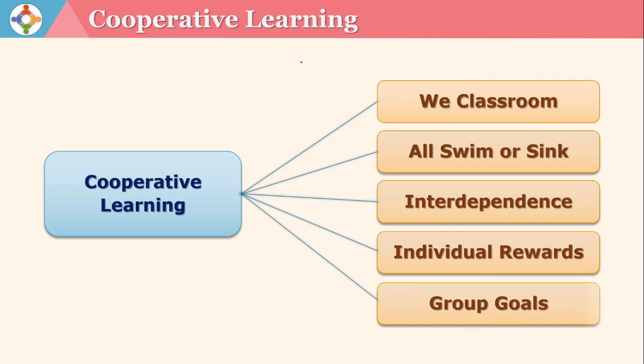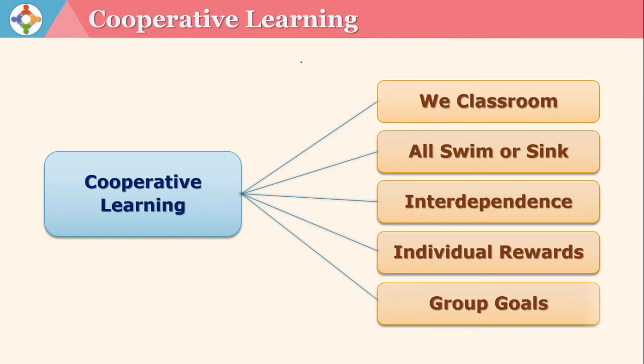Now you can understand this approach from these principles of cooperative learning. Cooperative learning operates on the principles of the We classroom, all swim or sink, interdependence, individual rewards and group goals. So contrary to the traditional teaching, here the I classroom has been shifted to the We classroom.